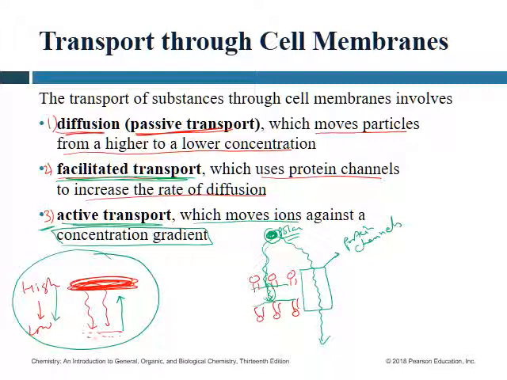But if I have to go the opposite way, we have to provide some energy. We have to give a push so that the molecule can go from lower concentration to higher concentration, which is against the natural direction, right? So we have to use energy to do this active transport.